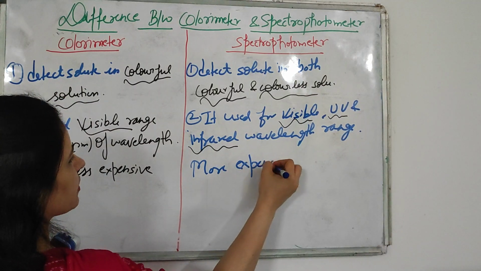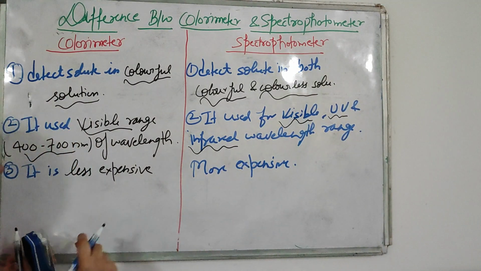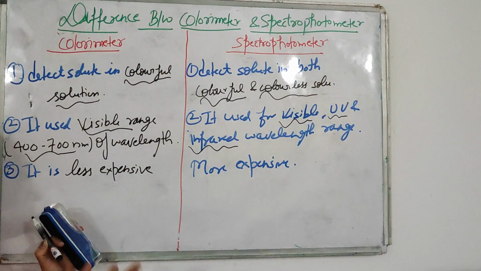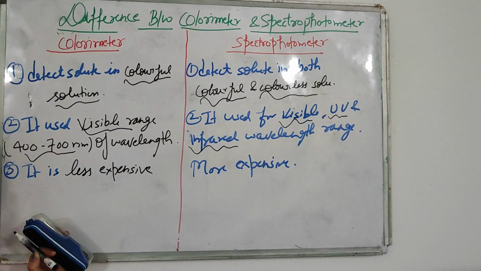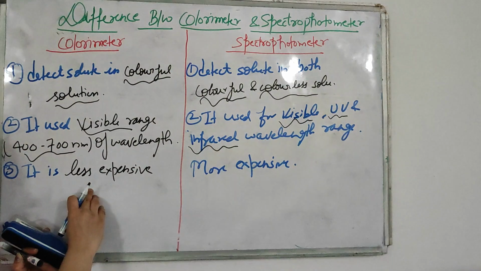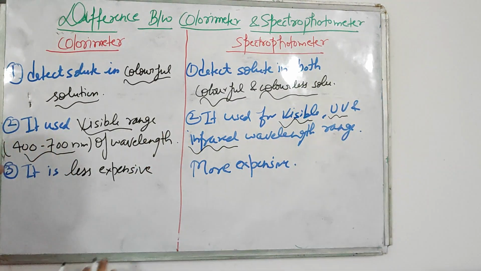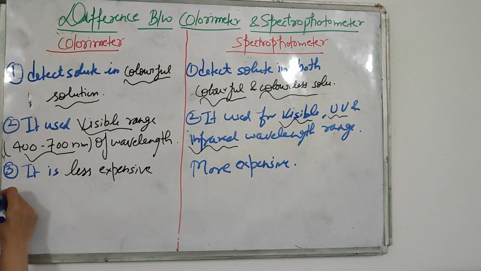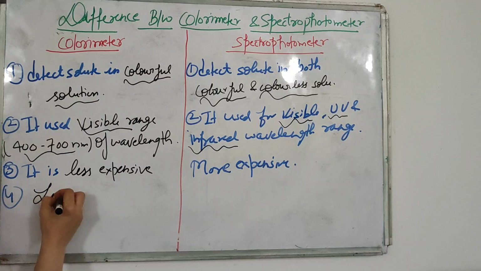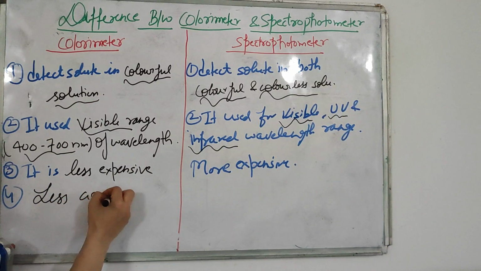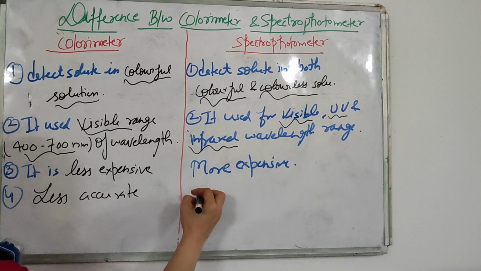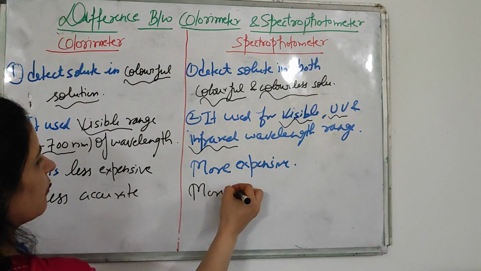So if you have a low budget and you want to measure the concentration of an unknown, then you will prefer the colorimeter, because it is less expensive as compared to the spectrophotometer. Okay, next difference is accuracy. Colorimeter is less accurate while spectrophotometer is more accurate.